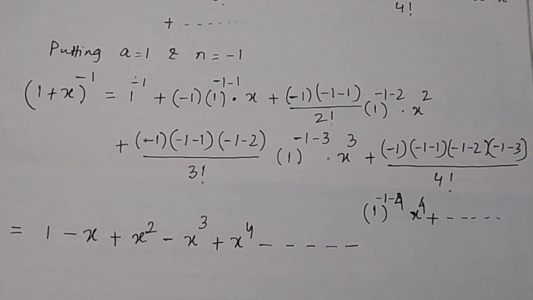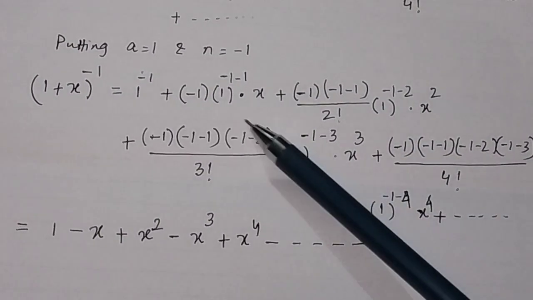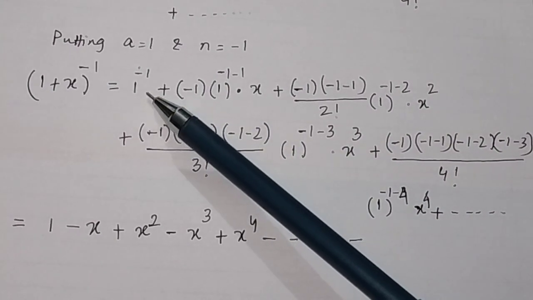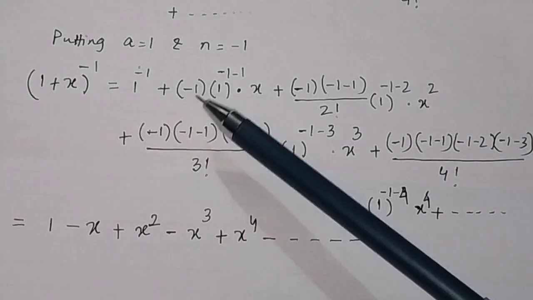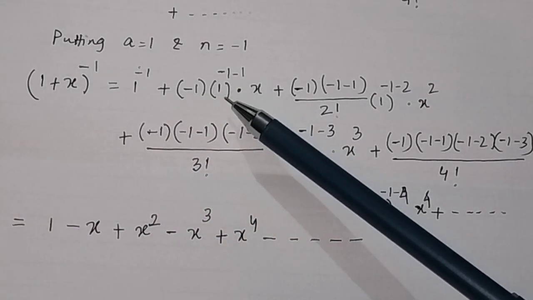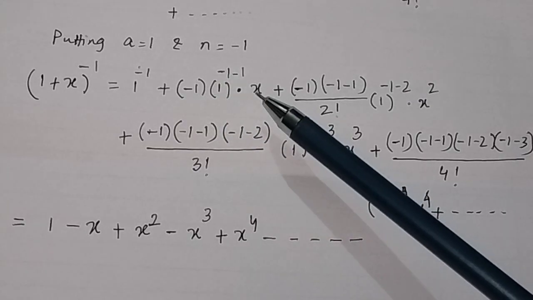Then if you solve this series, the first term will be 1 to the power minus 1, that is equal to 1. Then minus 1, any power of 1 will be equal to 1, so minus 1 into x is minus x.